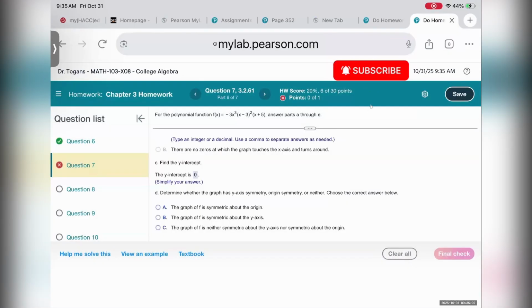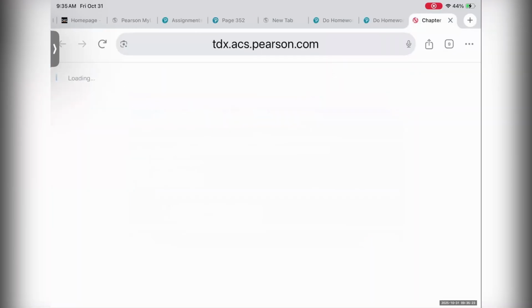Yeah. Okay. All right, let's start. Okay, it is symmetric. I don't know where that symmetry is because that graph looked crazy. So click the example. It should be symmetric with the origin, but I don't think it is.